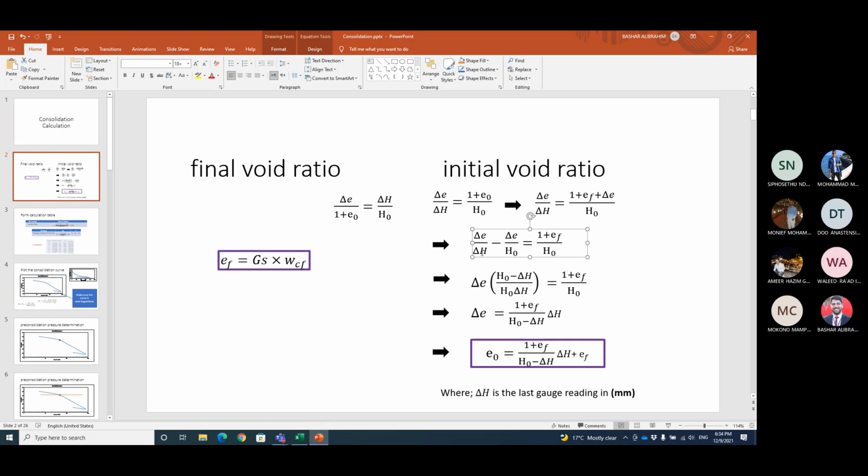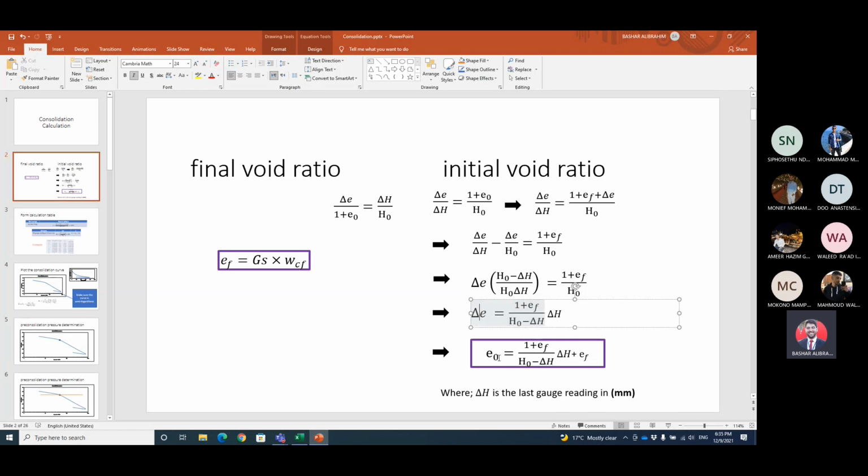So we have delta H and H0, so I make a common denominator. Okay. Then I multiply the invert of this on the other side, and we get delta E with respect to this. And since delta E is E0 minus E final, I took E final to the other side and we get it like this. So I will use this formula because it doesn't require calculator, okay?